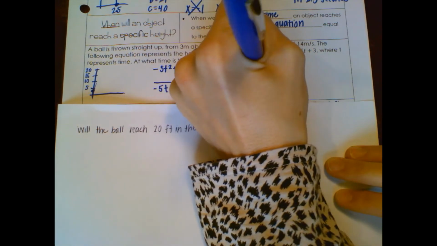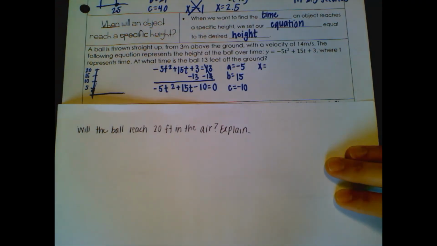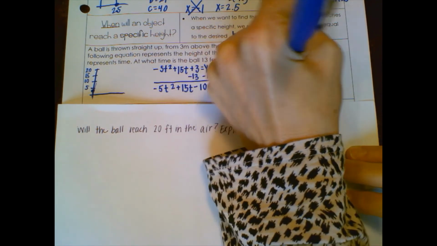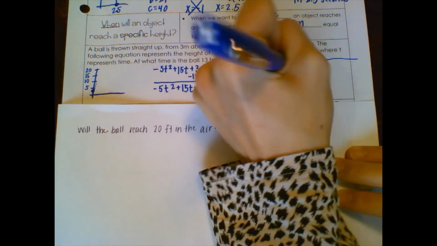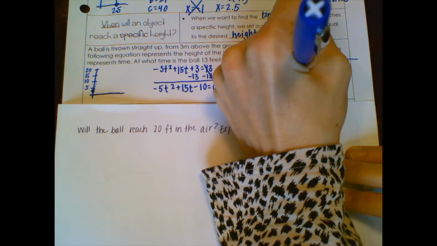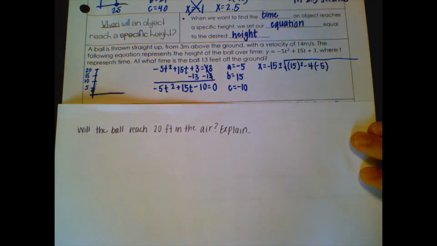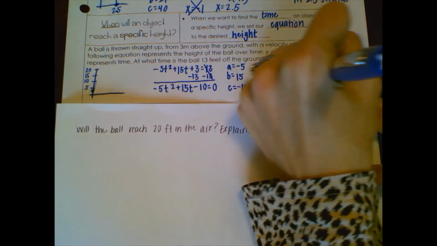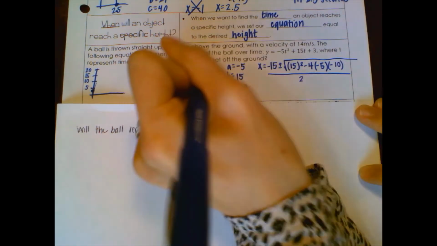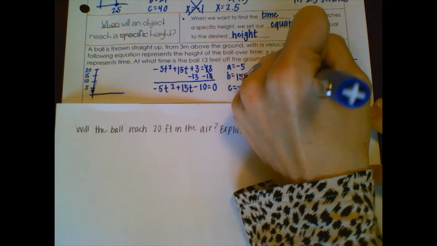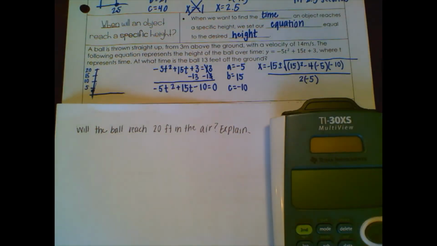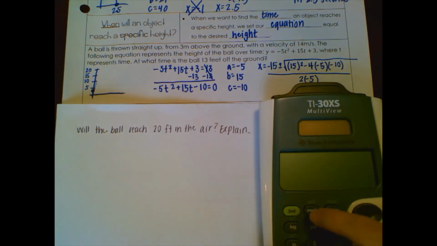So here we have x is equal to opposite b. Remember, we're going to change that sign. Plus or minus the square root of b squared minus 4 times a, which is -5, times c, which is -10, all over 2 times my a, which is -5. Okay, so now we're going to take our calculator and we're going to type in that entire quadratic here.